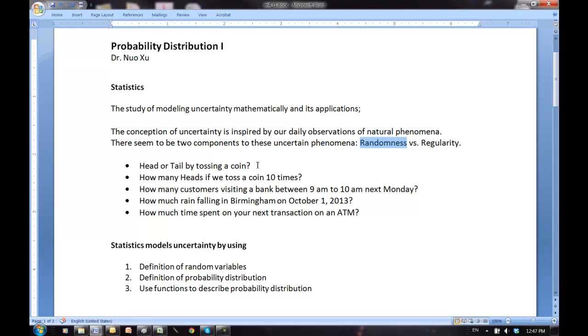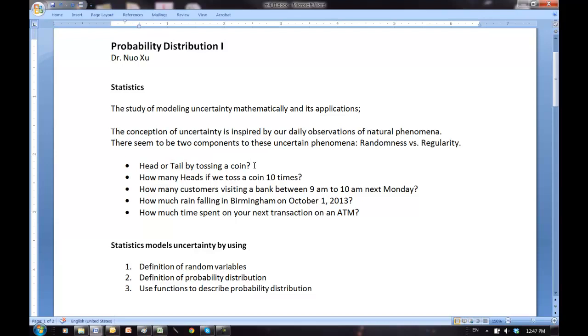Let's look at an example. When you toss a coin, it seems completely unpredictable or random as to whether you will get a head or a tail. So there's a randomness component to the uncertain phenomenon.